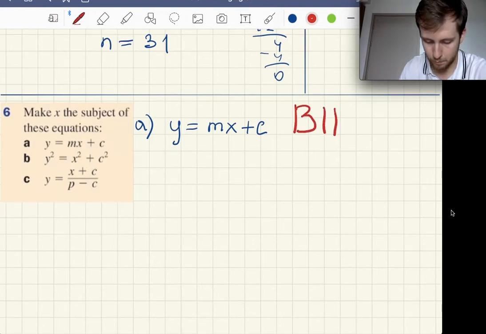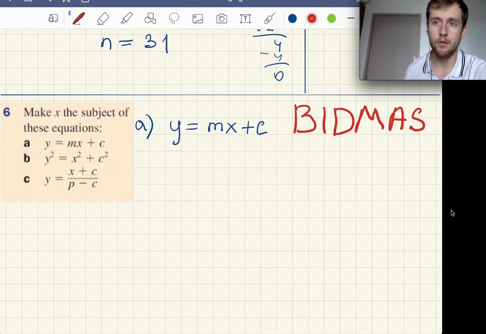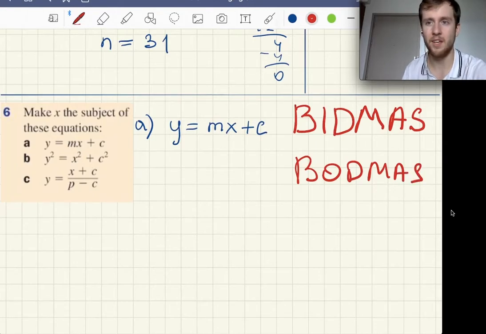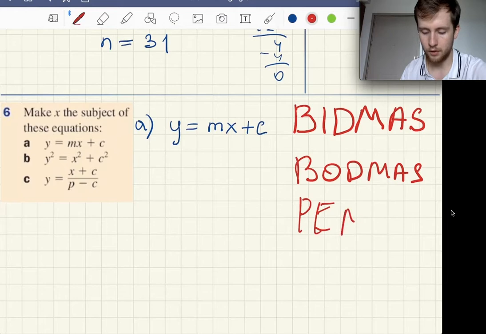Actually here it's BIDMAS. In this book they use I for indices. Sometimes you can see O, like you can see BODMAS sometimes. It's the same thing. Sometimes it's PEMDAS. It's all the same thing.